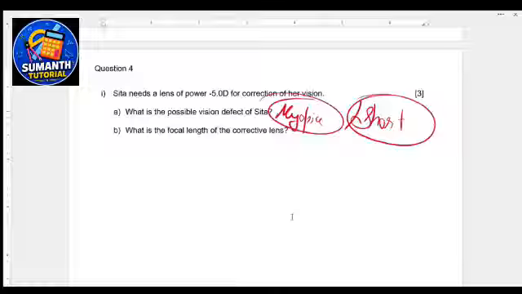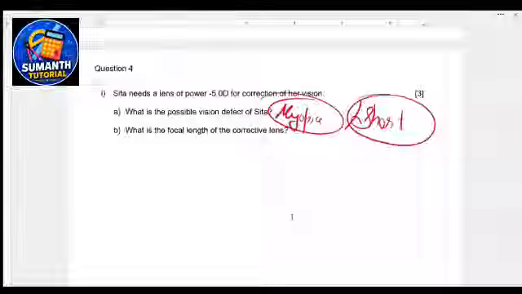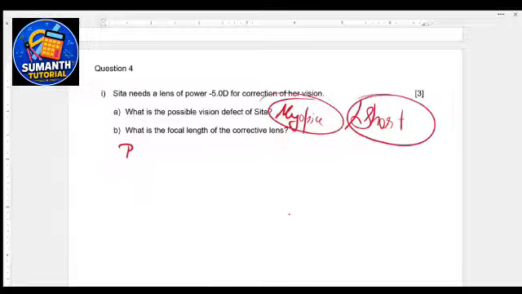Now what is the focal length of the correcting lens? Now see here. We are going to use the formula. Power is inversely proportional to the focal length, or the focal length is inversely proportional to the power. See here, it is minus 1 by 5. Sorry, yeah, it is minus 1 by 5. 1 by 5 is 0.2.